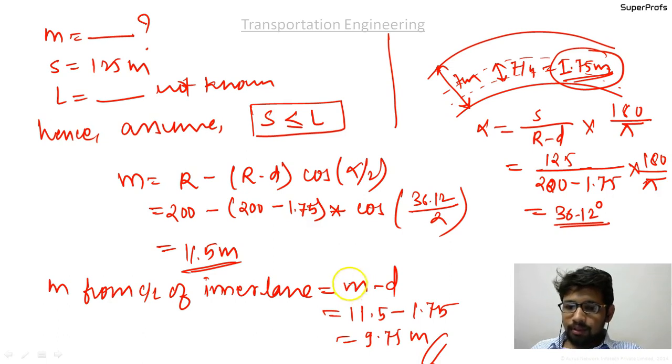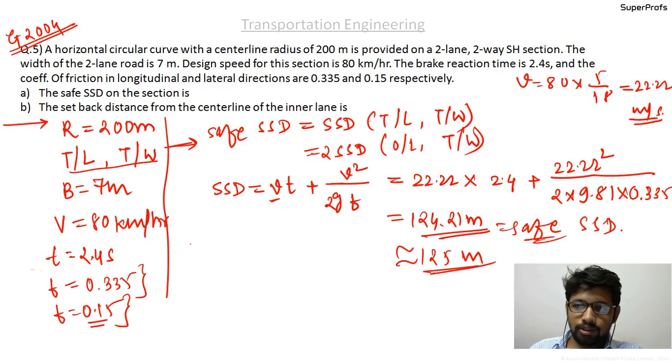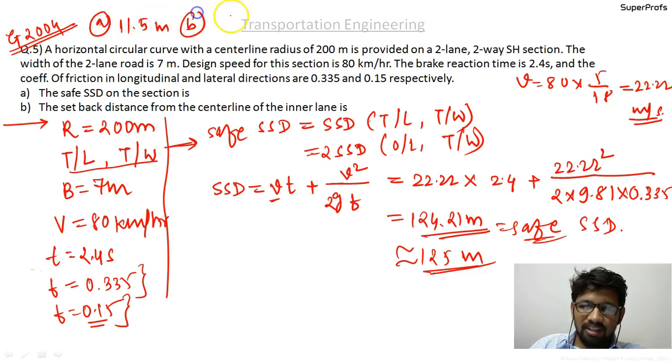There were many students who solved this question completely up to 11.5, and there is option A. I'll write the options over here. The first option is 11.5 meters. Option B is 8.10 meters.